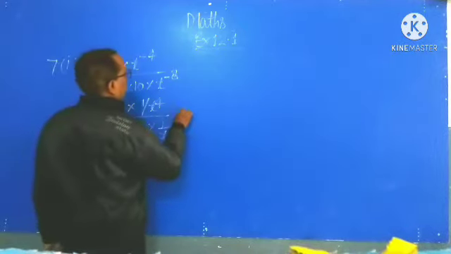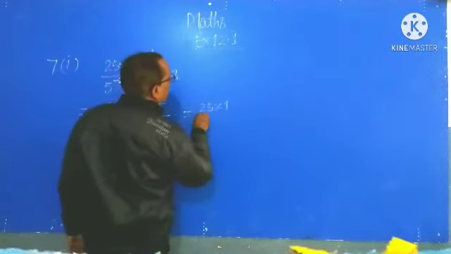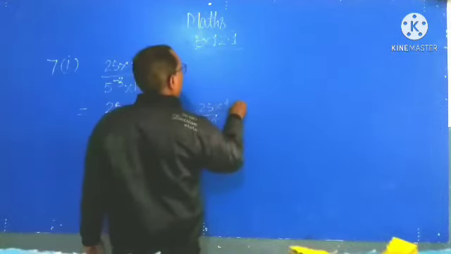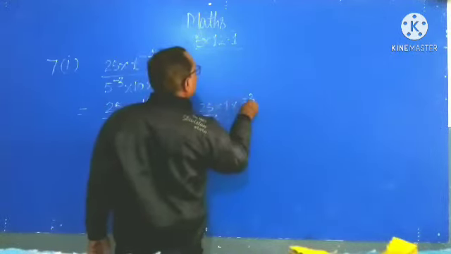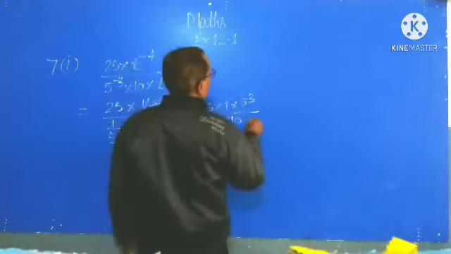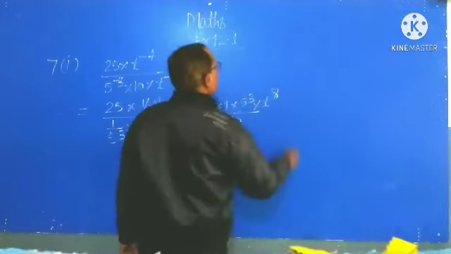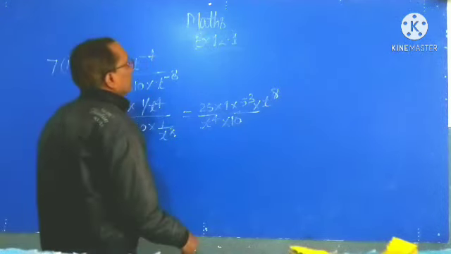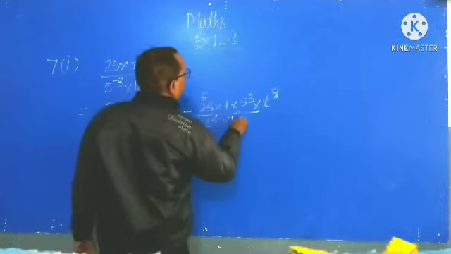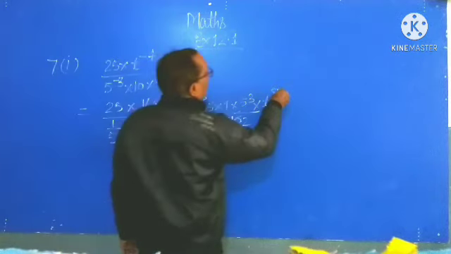Then you write down 25 into 1 upon t to power 4 into 5 to power 3 into 10 into t to power 8. 5 times 5 is 25, 5 times 2 is 10, and t to power 4 is cancelled here.